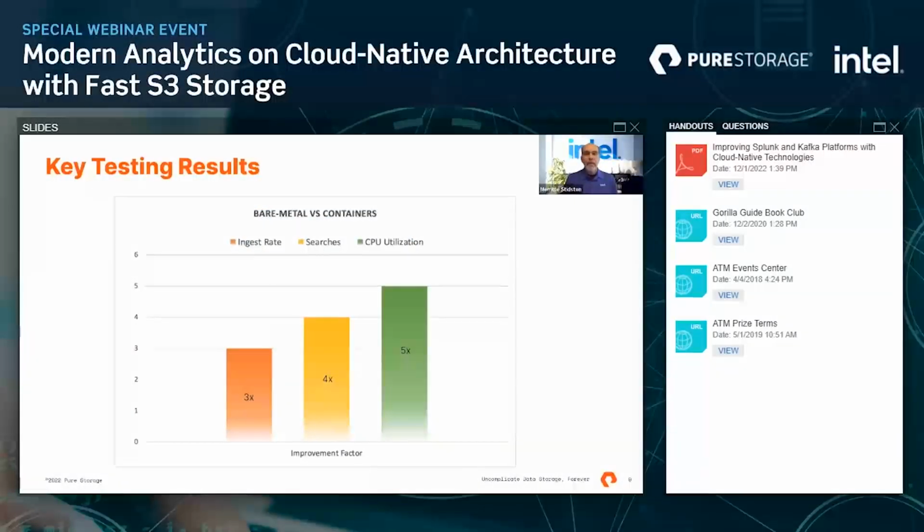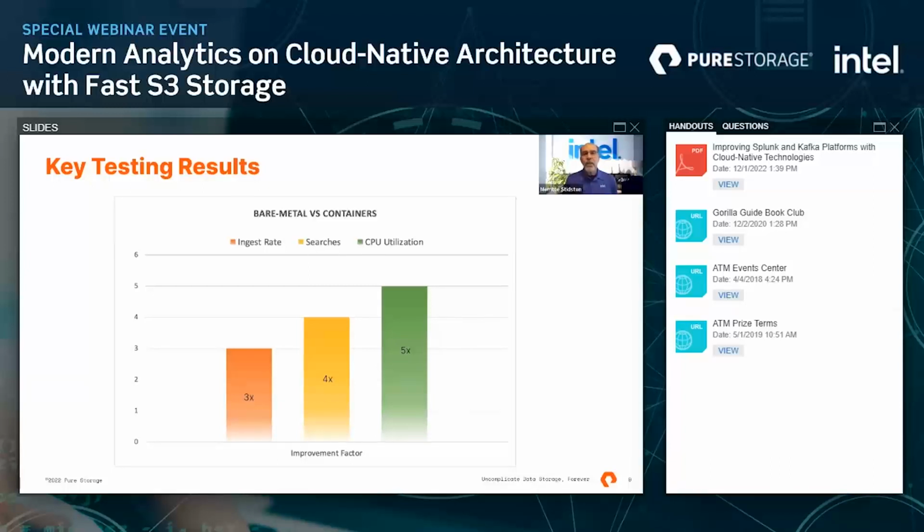So what did that mean from an ingest perspective? We went from bare metal to a containerized environment. Our ingest rate from bare metal to containerized increased by 3x. Our search performance, that's the number of successful searches, from bare metal to a containerized environment, increased by 4x.